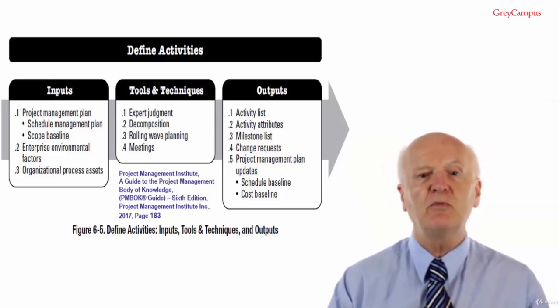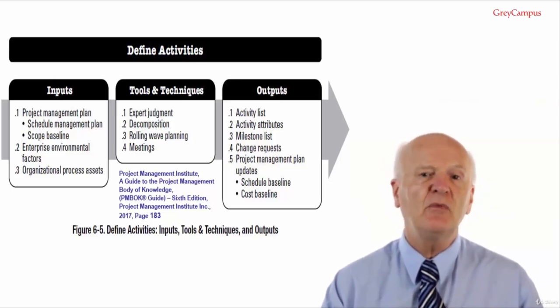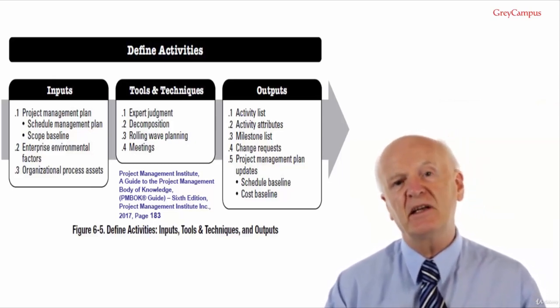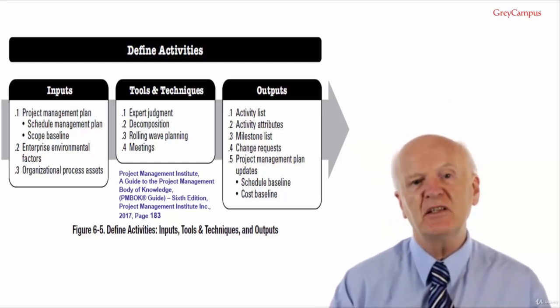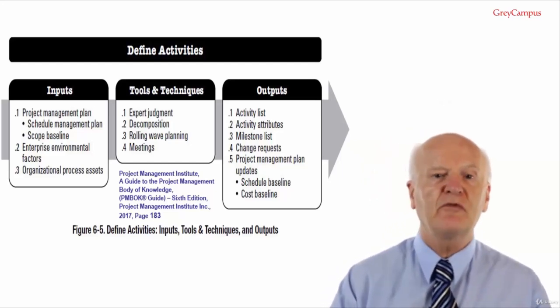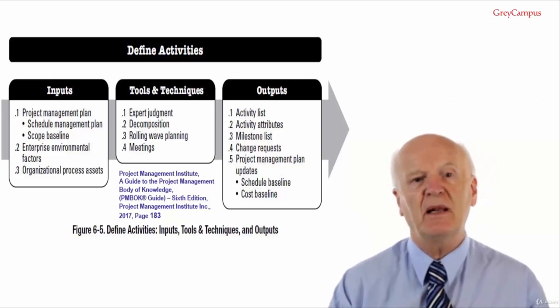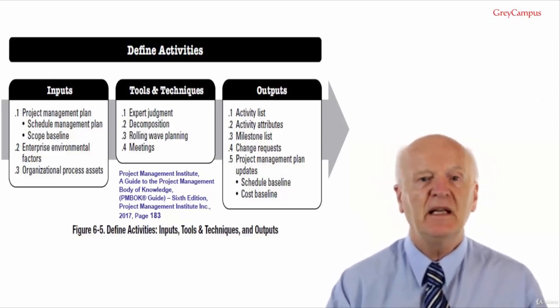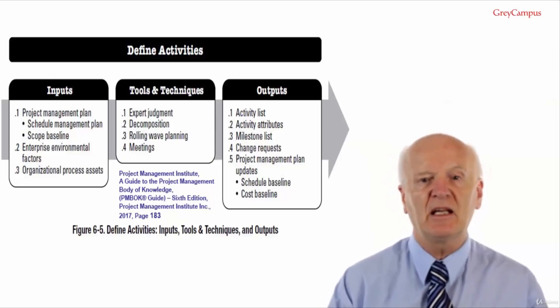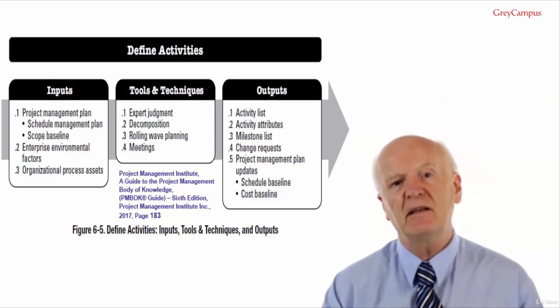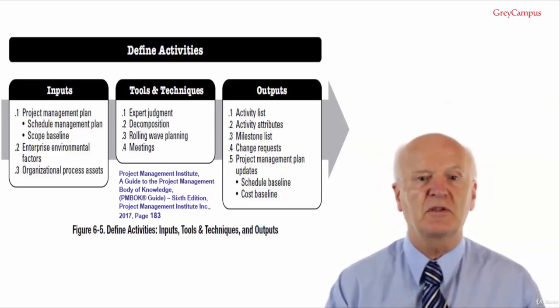Tools and techniques number 3, rolling wave planning. Rolling wave planning is an iterative planning technique in which the work to be accomplished in the near term is planned in detail, while work further in the future is planned at a higher level. It is a form of progressive elaboration applied to work packages, planning packages, and release planning when using an agile or waterfall approach.